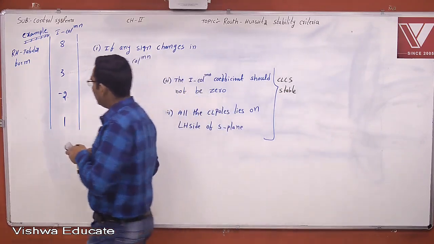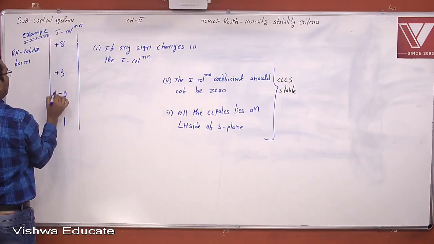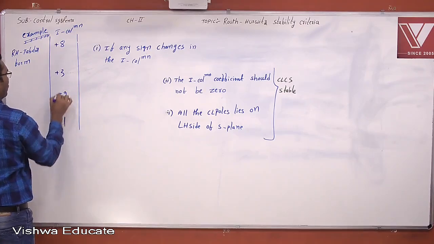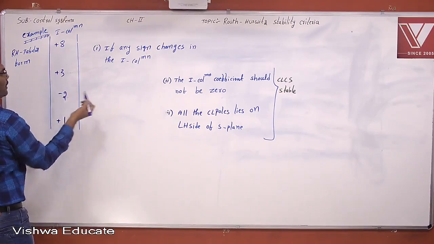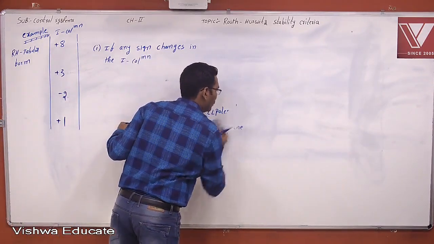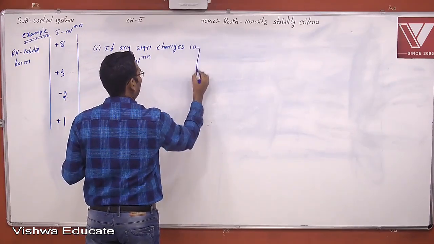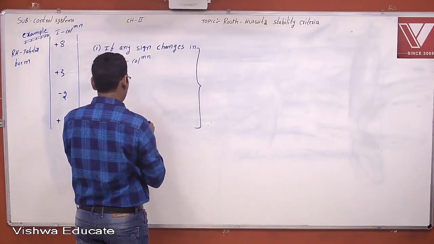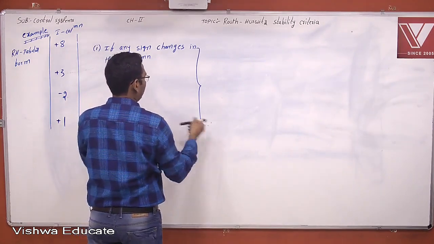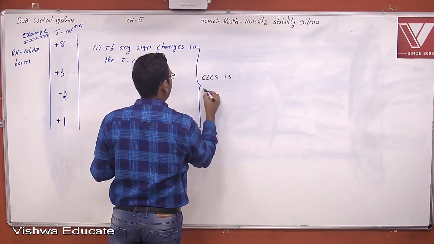See here, this is nothing but plus 8, plus 3, minus 2, plus 1. Now the sign is changing, positive to negative. If any sign changes in the first column, now the closed loop control system is unstable.